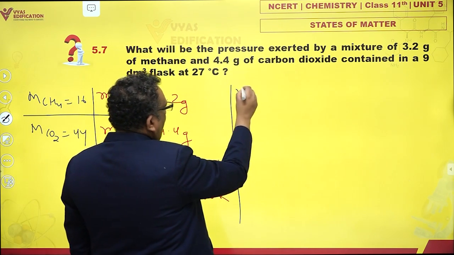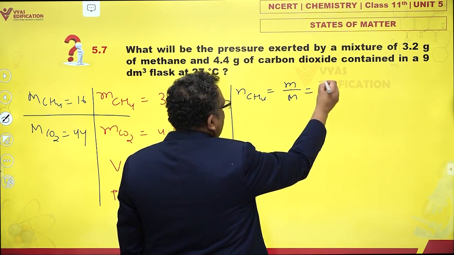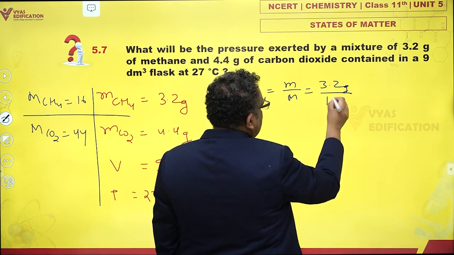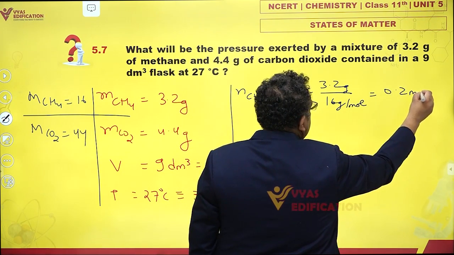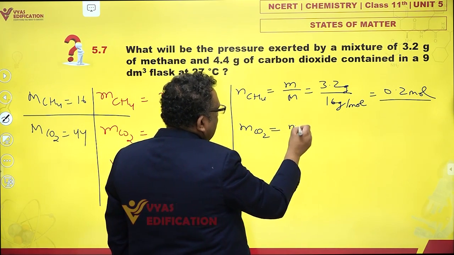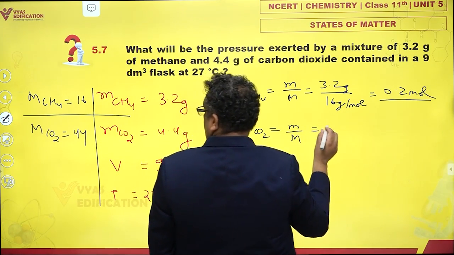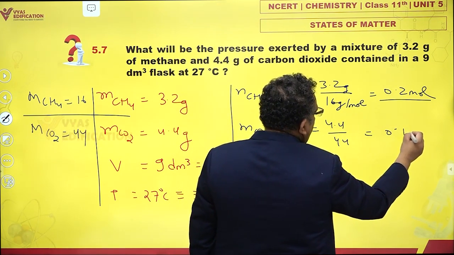So moles of methane is mass by molar mass, which is 3.2 grams by 16 grams per mole, which is 0.2 moles. And for CO2, 4.4 upon 44, which is 0.1 moles.